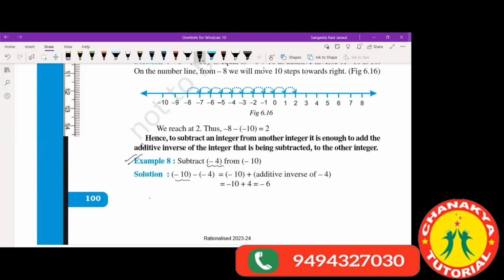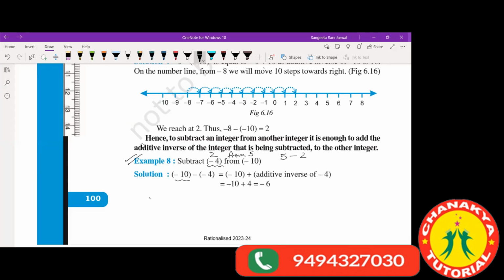Like if I write subtract 2 from 5, I write 5 first, then I put the subtract sign and then I write 2. Same way, subtract -4 from -10: I wrote -10 first, then the subtract sign, and then -4.